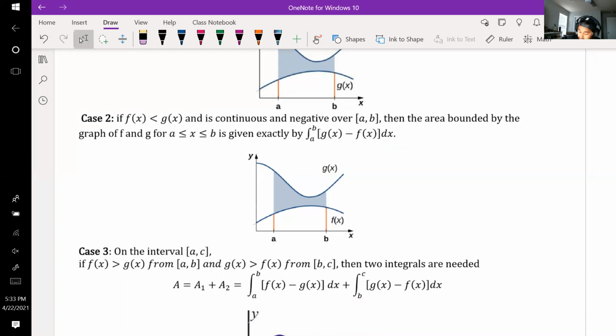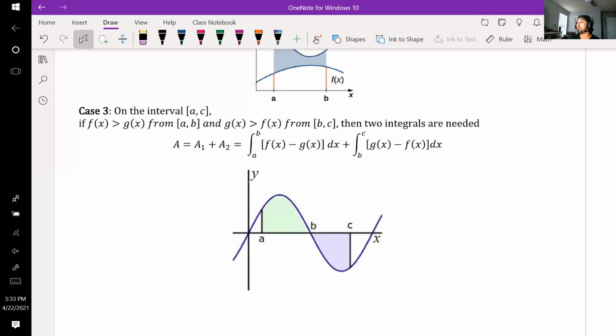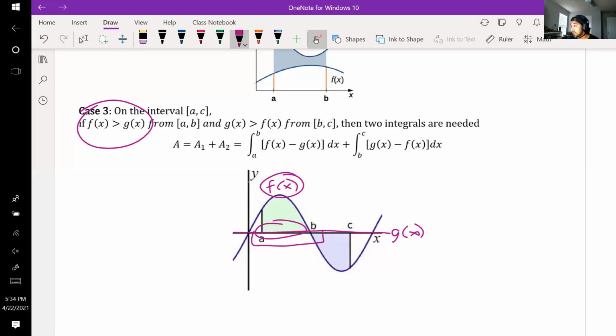And then case three says we have an interval from a to c. On this interval, we will see that f of x is going to be greater than g of x. So let's say here's my function, not g, sorry, here's going to be f of x, and this horizontal line is g of x. From a to b, we see that function f is above function g.